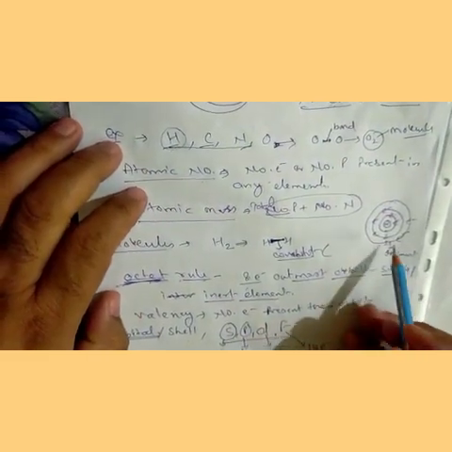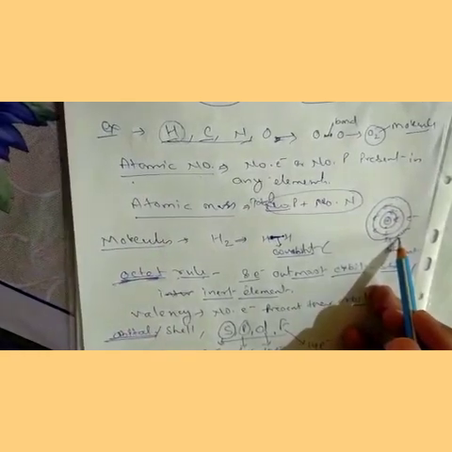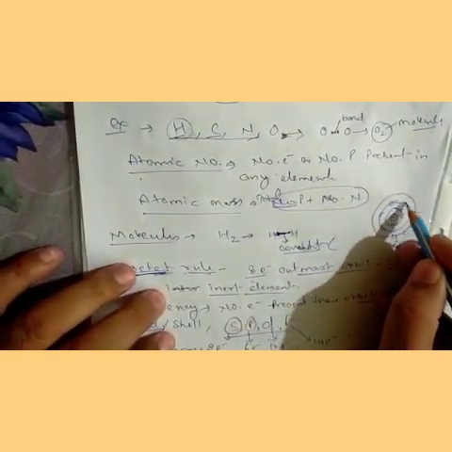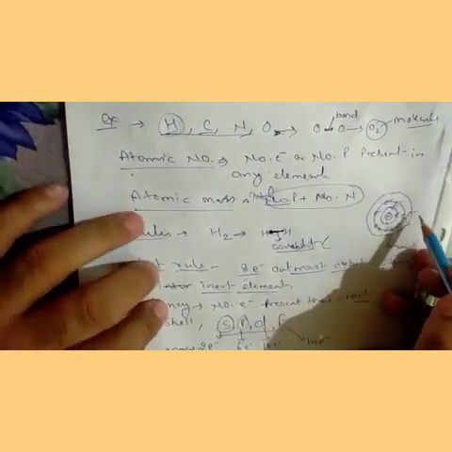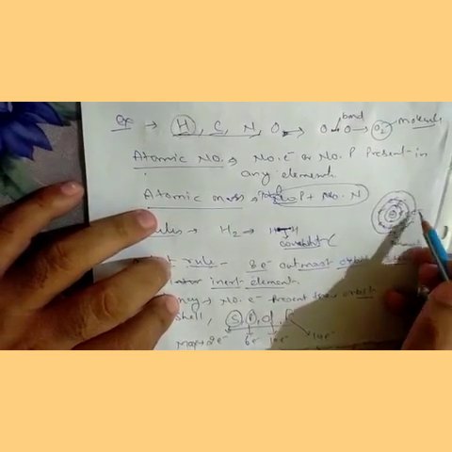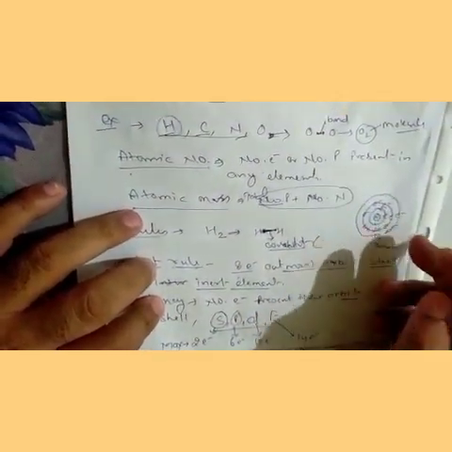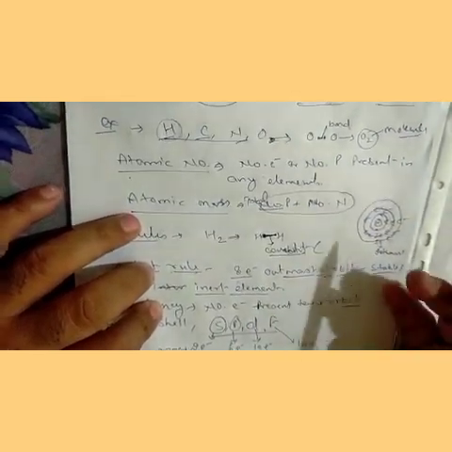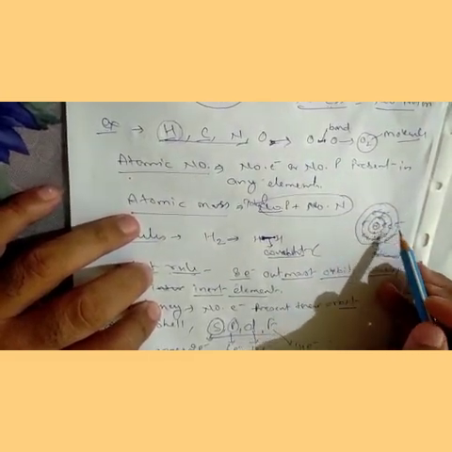It means that this particular element may lose these 2 electrons, and these 3 electrons we filled, 4, 5, 6, 7, 8, and then it will lose this electron and this orbit will disappear. It will have a positive charge, it donates the electron basically, and it will be stable with the outermost orbit of electrons.